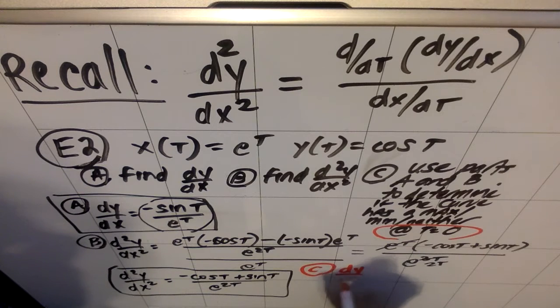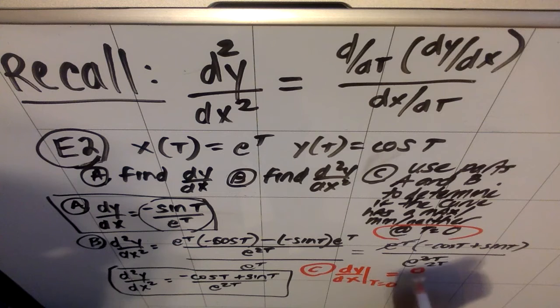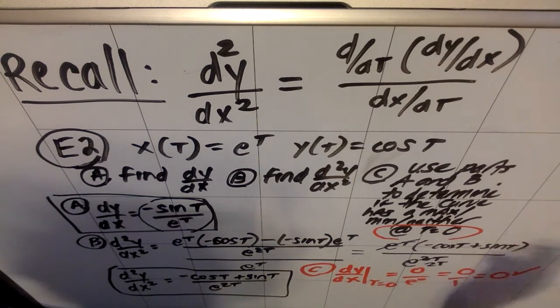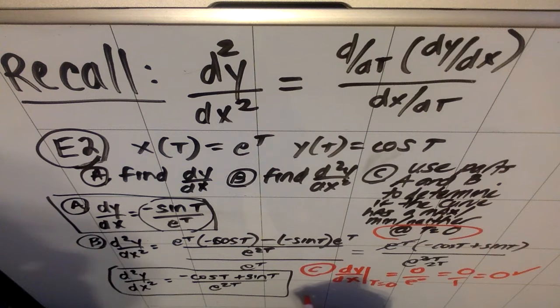So my dy dx, evaluated at t is 0, is going to be a 0 on top of an e to the 0, which is definitely a 0 over 1, so that's 0. So far I know that whatever function I have, it's level at 0, right? So it's level, it's got a horizontal tangent line. The second question is, what is d squared y dx squared evaluated when t is 0?